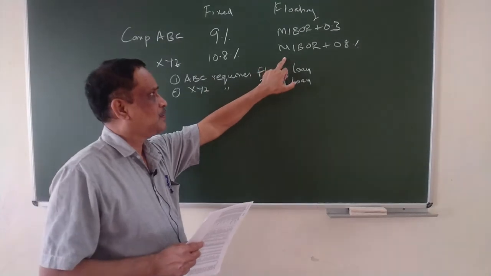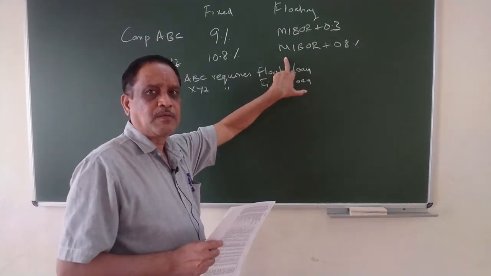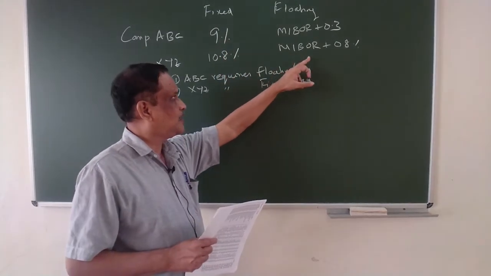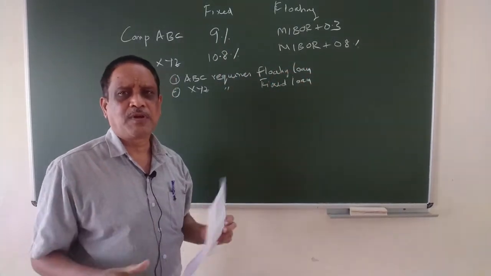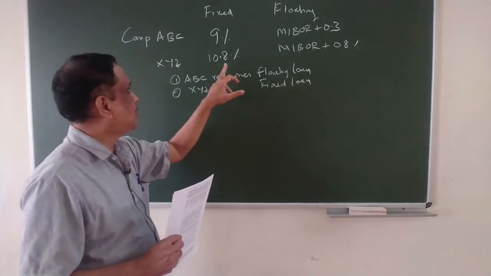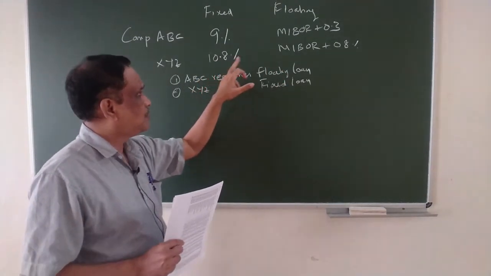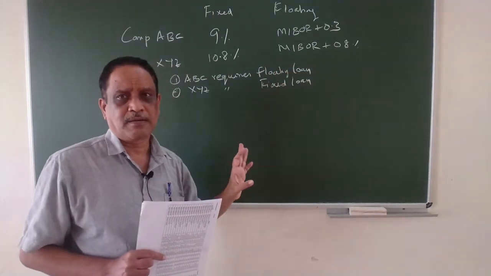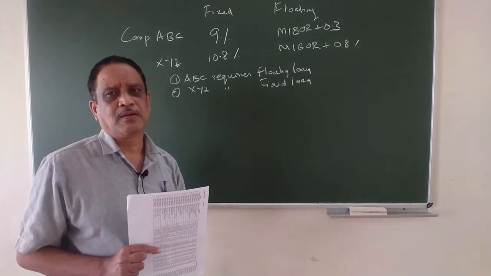Here the difference is 0.5. So this gain is 1.8 and this gain is 0.5. The net gain would remain 1.3. That is, we have 1.8 here, minus this gain of 0.5 should be deducted. So the net gain will be 1.3.